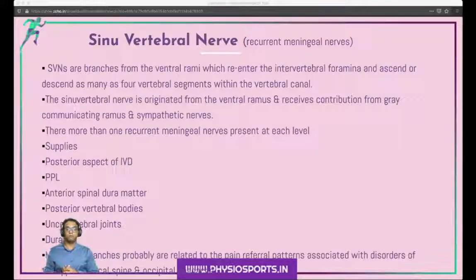More than one recurrent meningeal nerve is present at each level and supplies the posterior aspect of the intervertebral disc, posterior longitudinal ligament, anterior spinal dura mater, posterior vertebral bodies, and the uncovertebral joint.